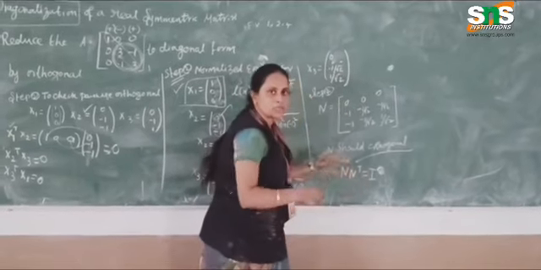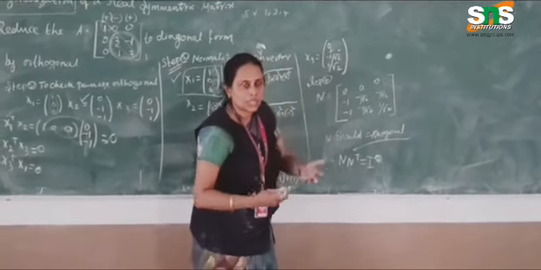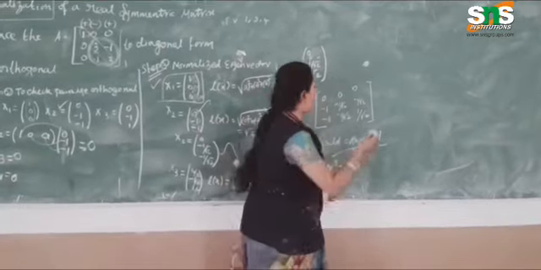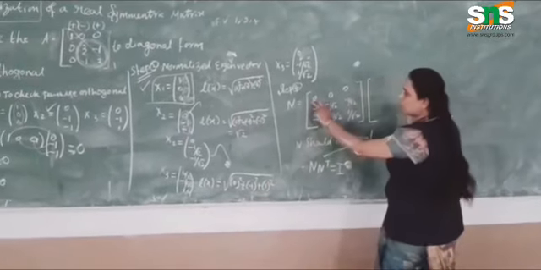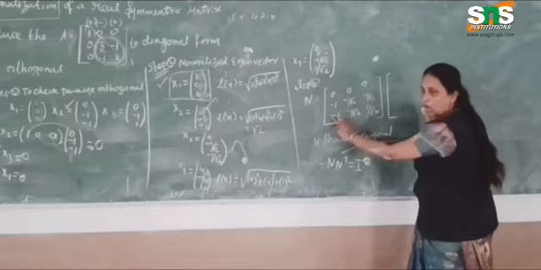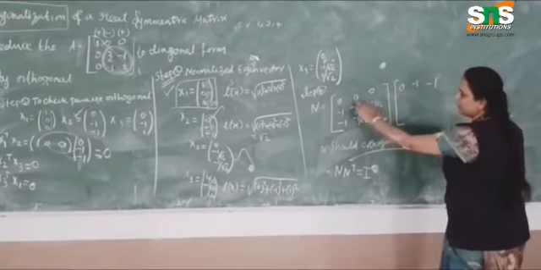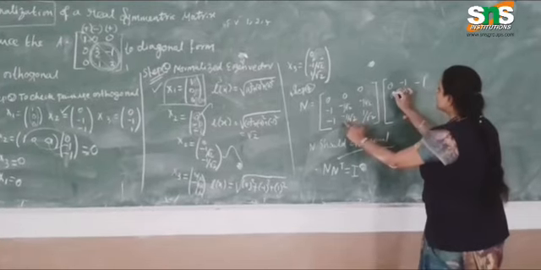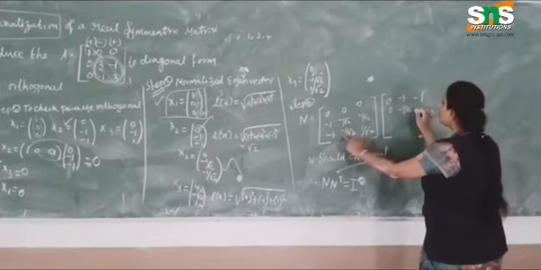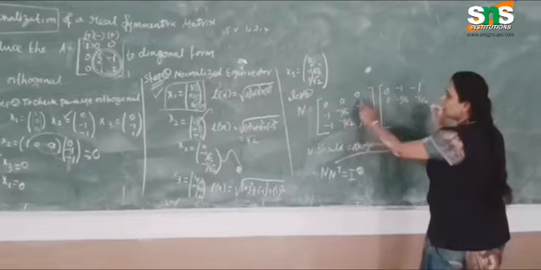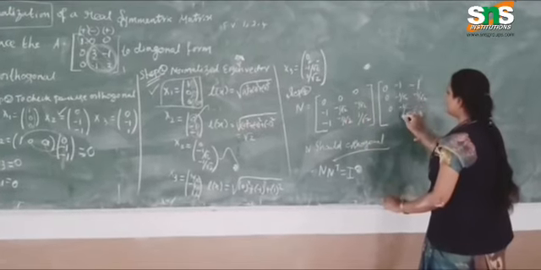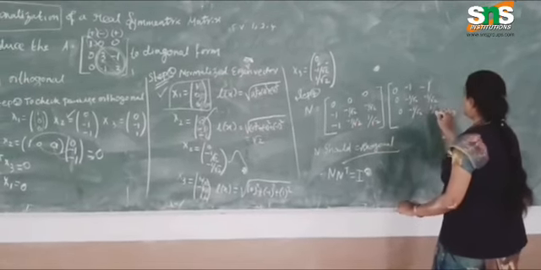What is N transpose? For N transpose, we change rows into columns. So the rows become columns: 0 minus 1 minus 1, then 0 minus 1 by root 2 and minus 1 by root 2, and also 0 minus 1 by root 2 and 1 by root 2.